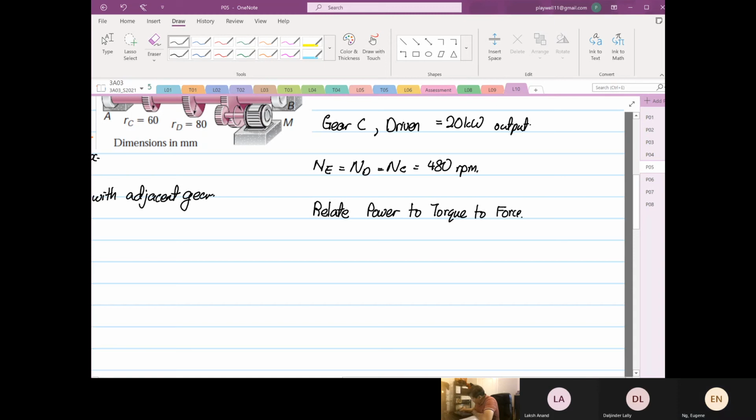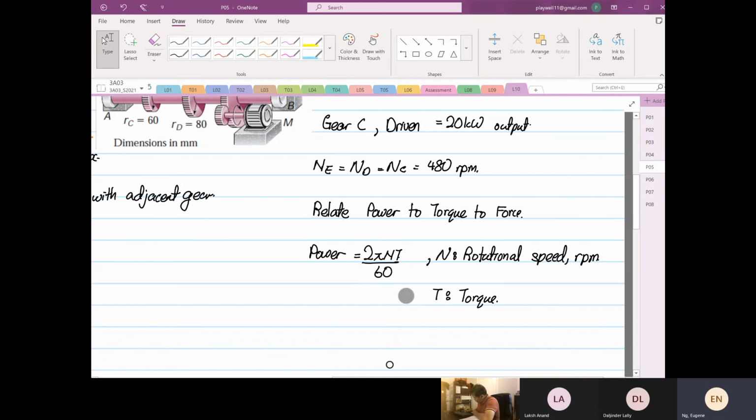Power is equal to 2 pi n T divided by 60, where n is the rotational speed in RPM, revolutions per minute, and T is the torque.